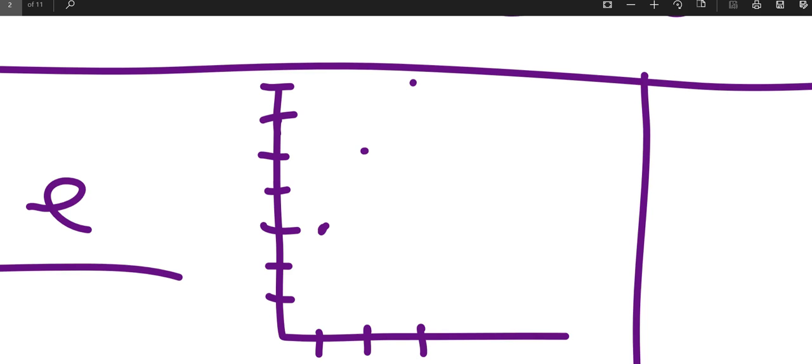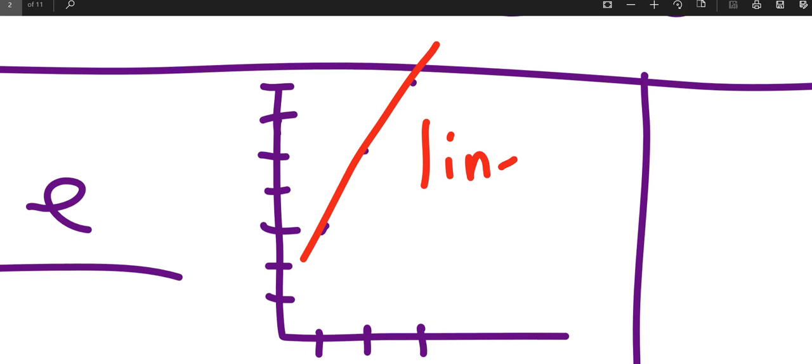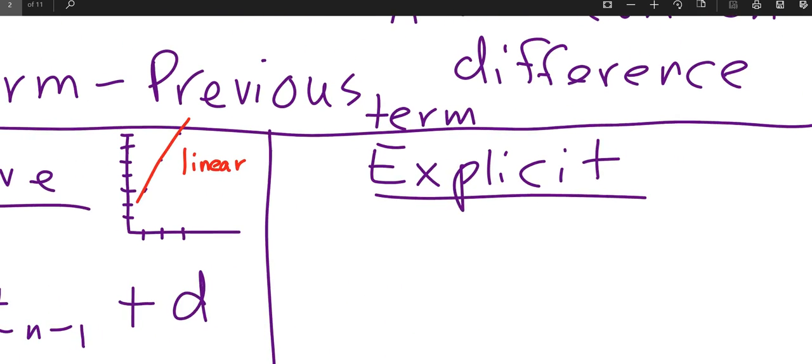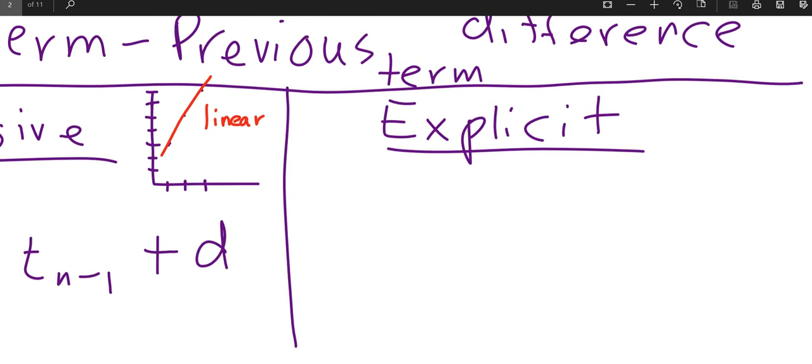Well, what I'm hoping you see, and it would be better if I used Desmos, is a linear function. And if you're dealing with a linear pattern, then your explicit formula is going to look like a linear function. Now, I know you're all going to say, is that y equals mx plus b? You can write it like that. I'm going to write it in the point slope version.